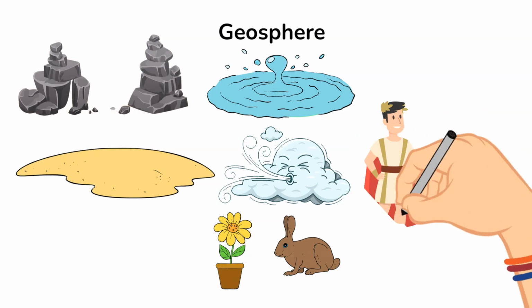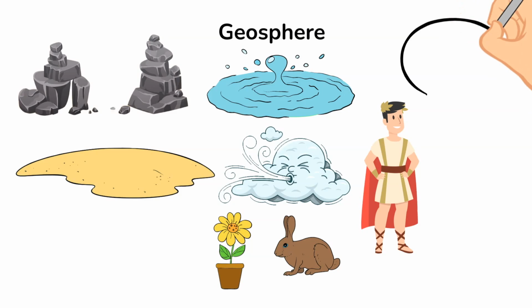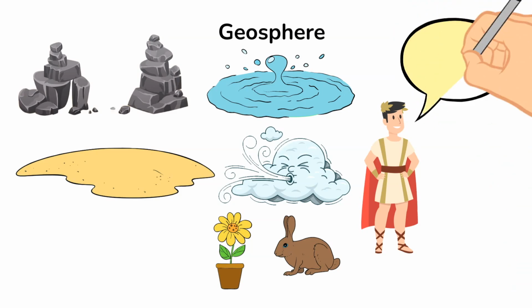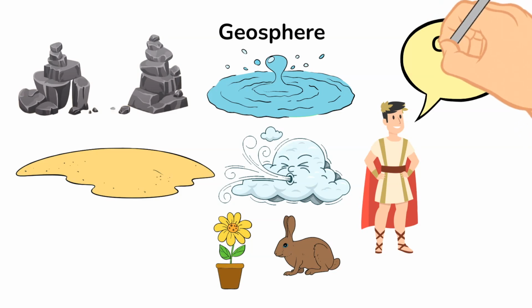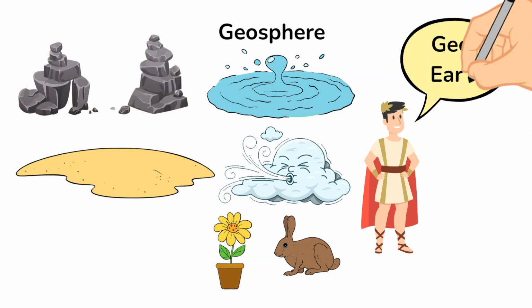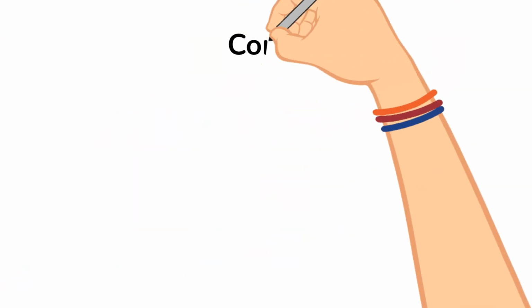And so it would make sense that the geosphere includes all the different components of earth. So when looking at the geosphere, there are 6 main parts. And like I said, today we are going to be talking about them. So let's hop into the first one, and that is the core.